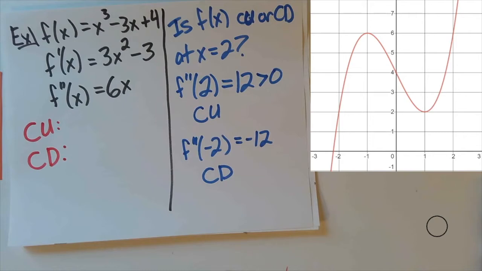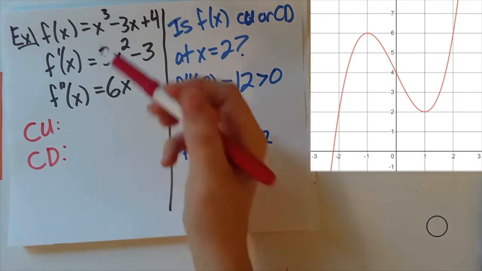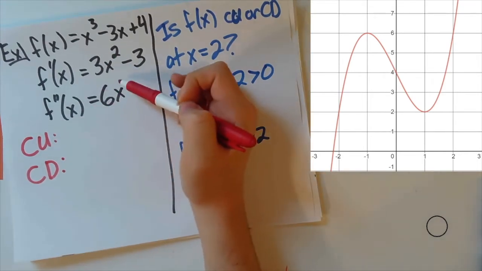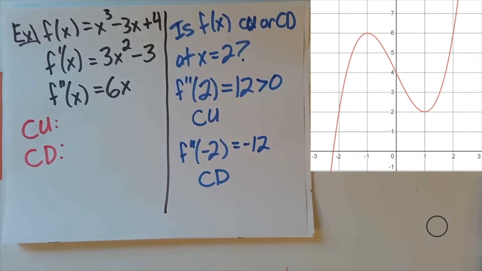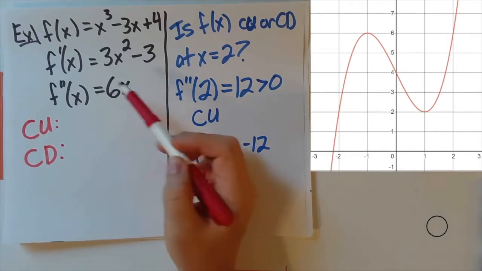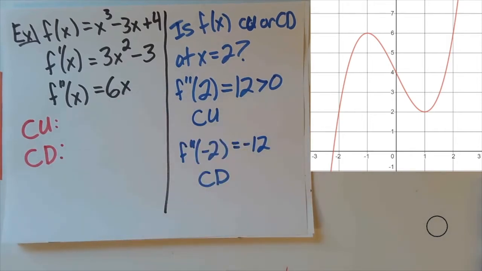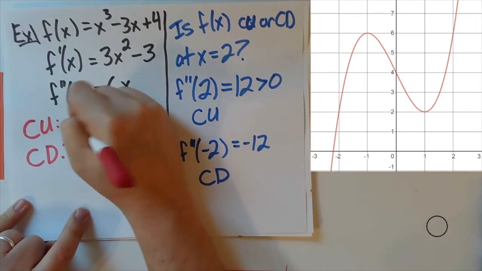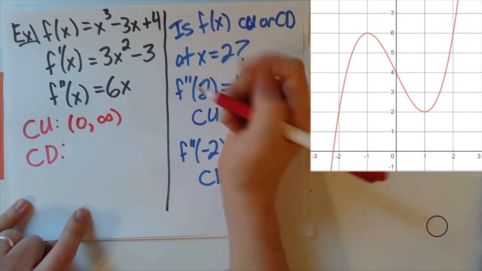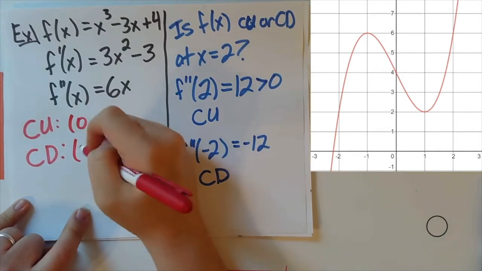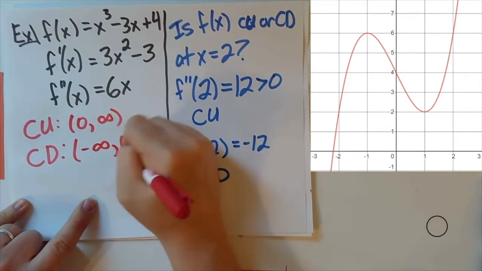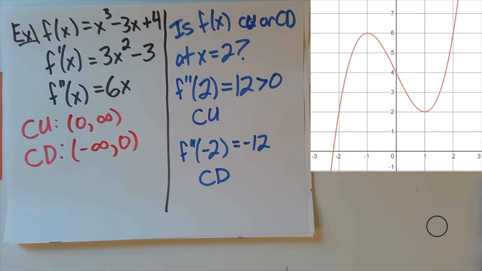And this should remind you of the intervals we gave for increasing and decreasing. And so again, it's concave up where the second derivative is positive. Well, the second derivative is just 6x. So 6x is positive exactly when x is positive. So this thing is concave up on the interval 0 to infinity, and it is concave down on the interval minus infinity to 0.